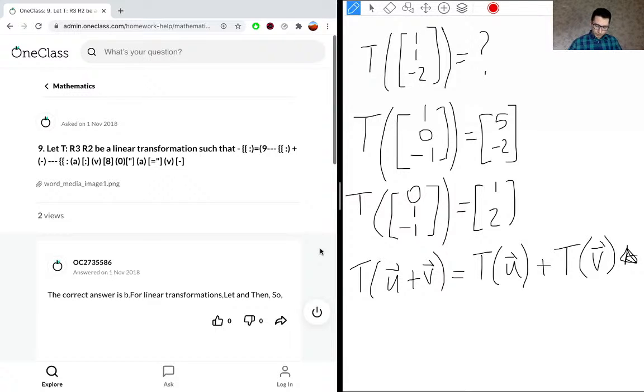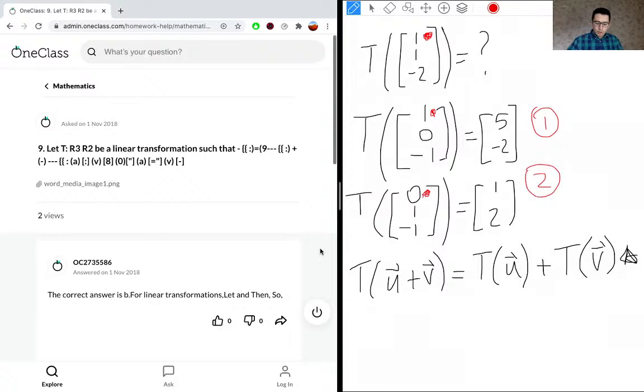Okay, so one thing we can recognize here is looking at one thing at a time. If we look at the first component, we have 1 over here, we have 1 over here, and then we have a 0 over here. Let's call this transformation 1, and let's call this transformation 2.